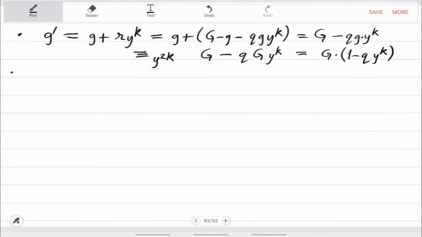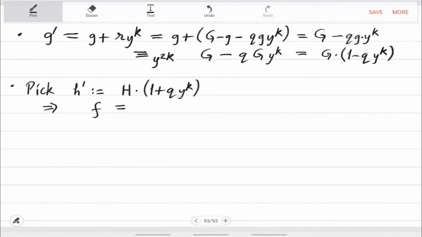So now you can just suitably pick H prime. H prime you can pick as H times the opposite sign, so 1 plus q y raised to k, and then you will see that f is congruent to G prime H prime, which is also the same as G times H, mod y to the 2k. Okay.